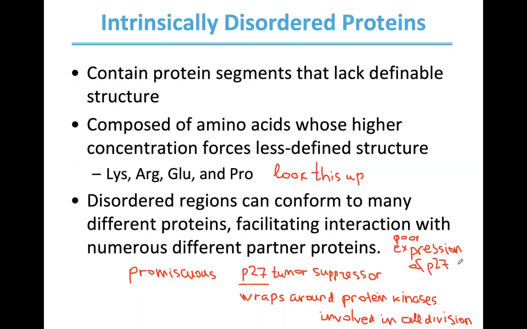So cancer patients who have that, unfortunately, get a poor prognosis. So the cancers are unstoppable.